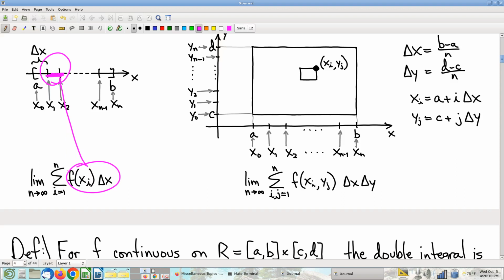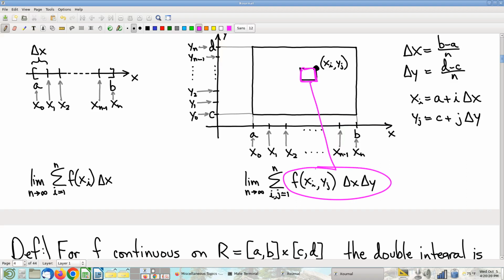We're going to do exactly the analogous thing here, having chopped into little pieces like this. There are a bunch of circumstances where we'll want to multiply some function times the area of this little piece. Maybe I'm computing the volume sitting over this little piece, in which case it would be height times area. Maybe I want the amount of mass in this little piece; mass would be mass per unit area times area.